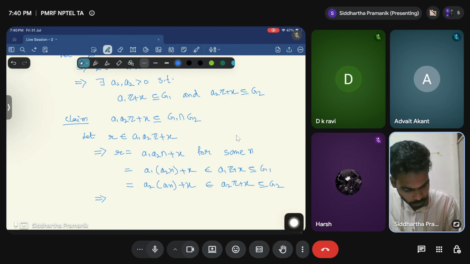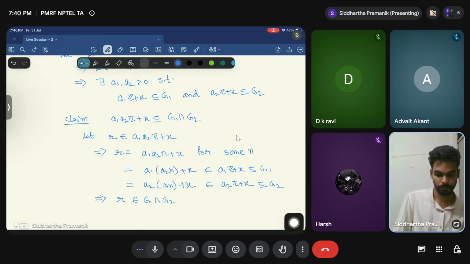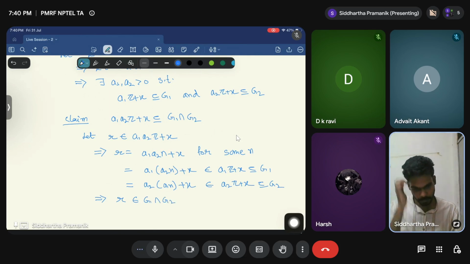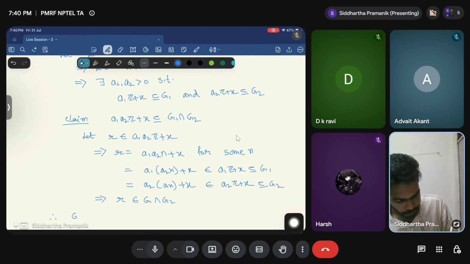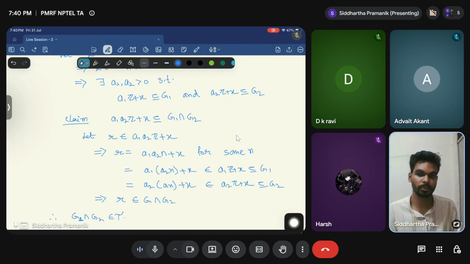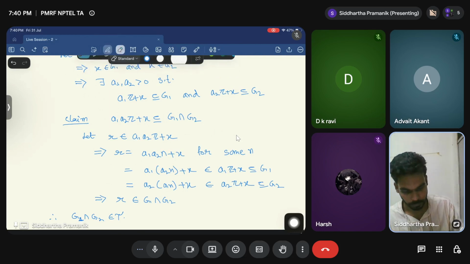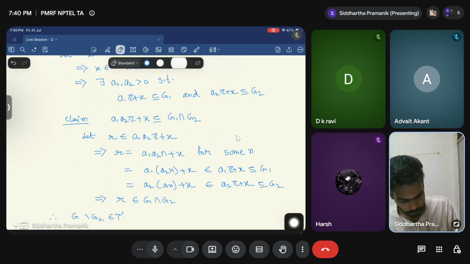So r belongs to both, G1 intersection G2. So this will imply G1 intersection G2 is in tau. So tau is closed under finite intersection. Is it okay?